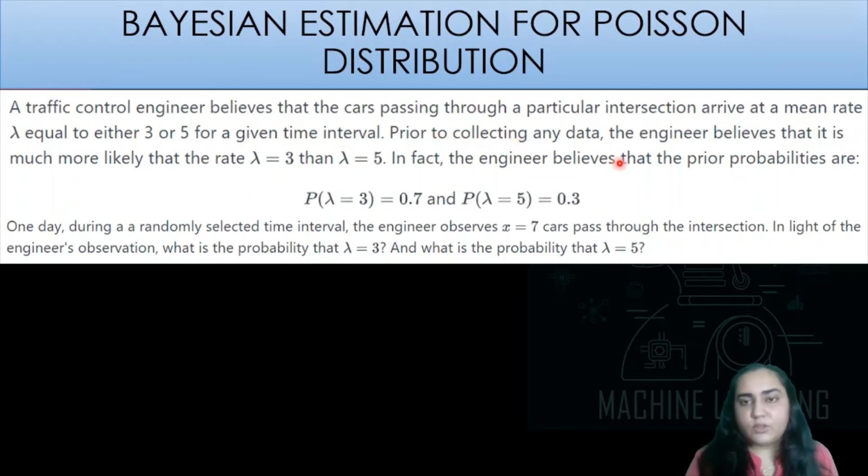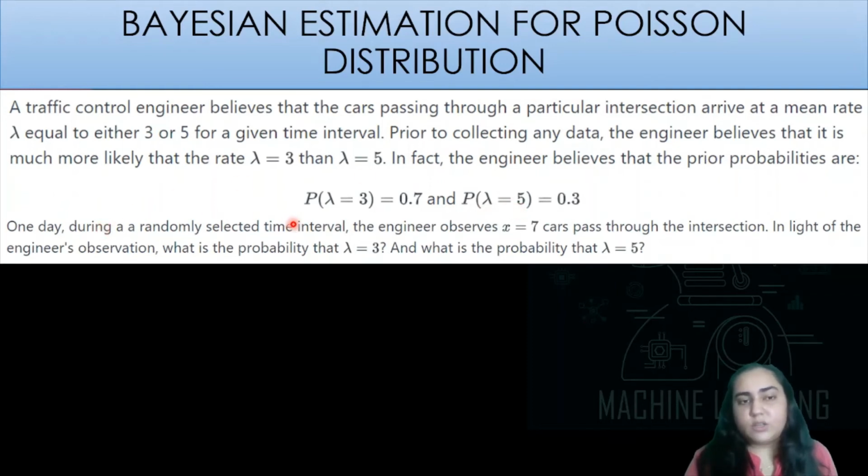And prior to collecting this data, the engineer believes that it is more likely that through that crossroad there will be 3 cars passing instead of 5. And he also has the prior probability, where P of lambda equal to 3 is 0.7, P of lambda equal to 5 is 0.3.